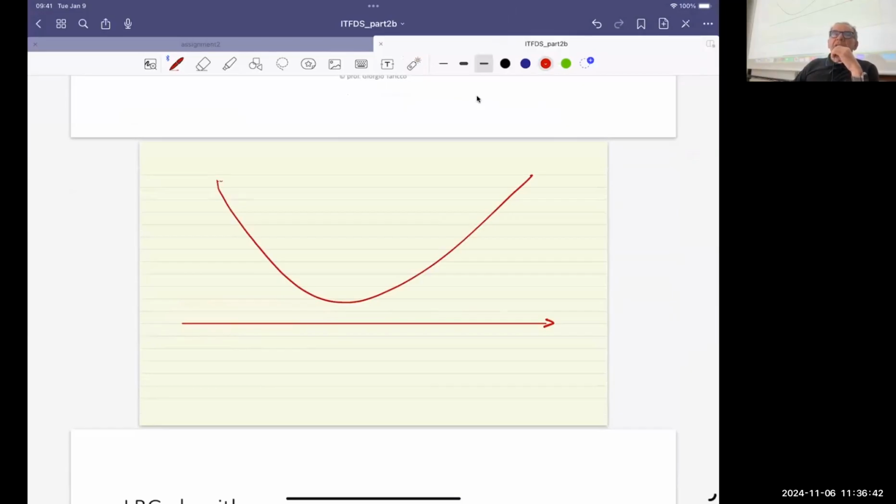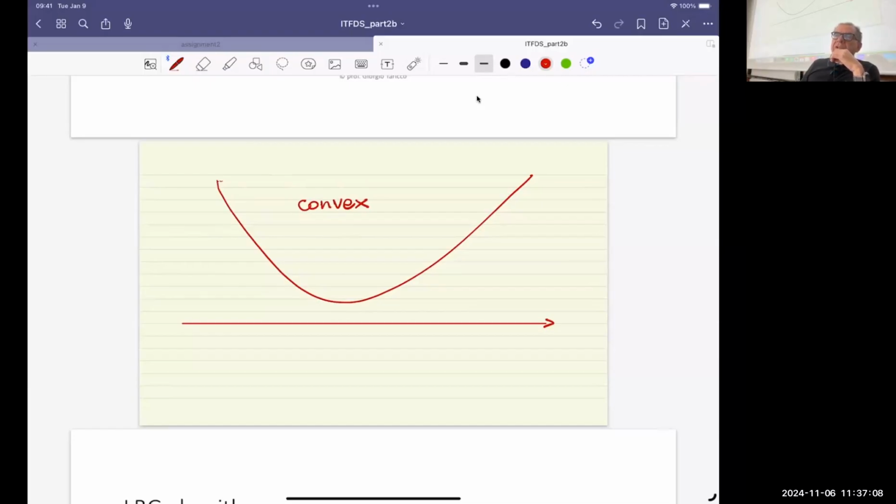This is a function where it is easy to understand that we have a single global minimum. The reason is that this is a convex function. When a function is convex, it has a single global minimum.